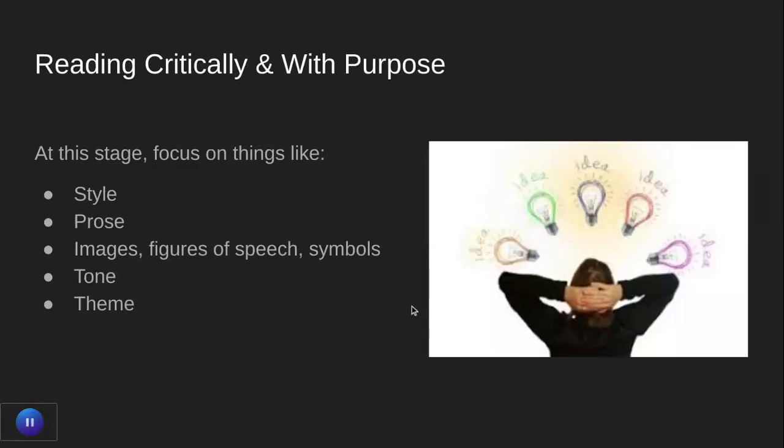When I'm reading critically and with purpose, some things I'm focusing on are style, prose, images, figures of speech, and symbols that the author might be using, tone and theme. All of those underlying things that the action of the story will help me to better understand.